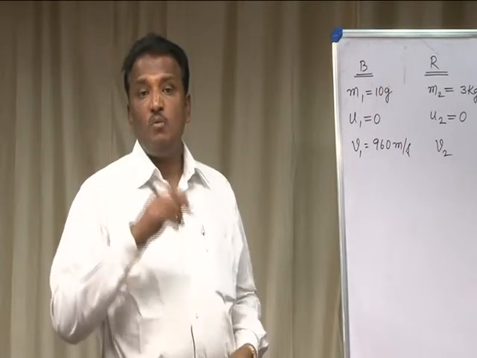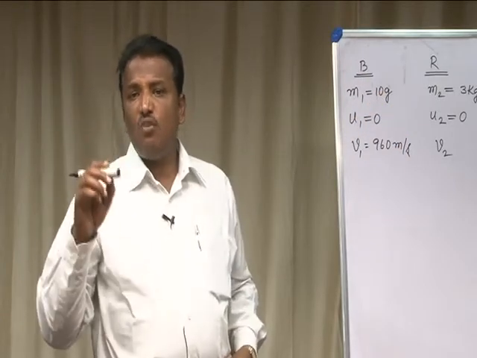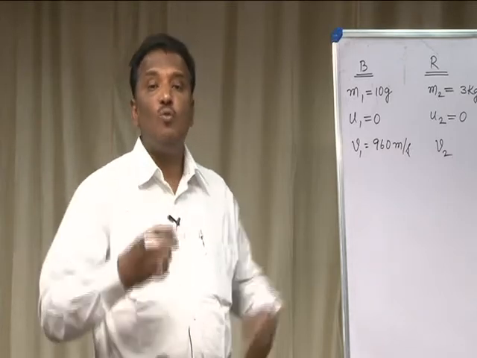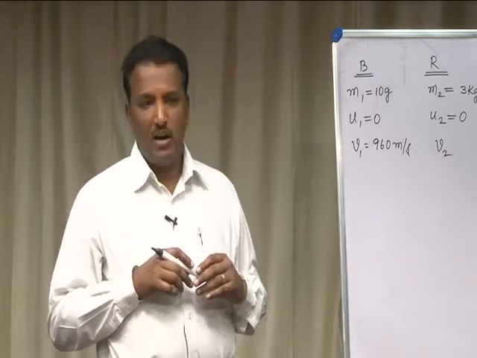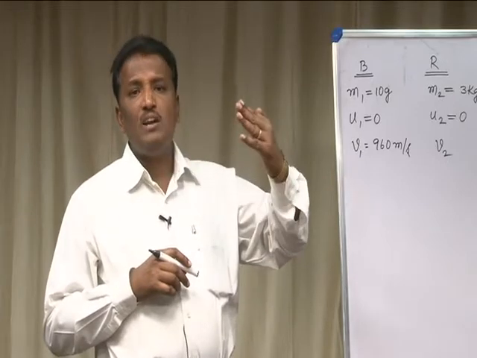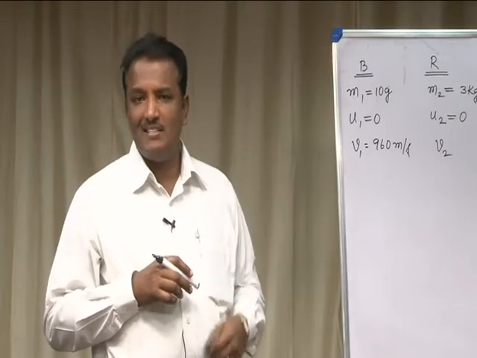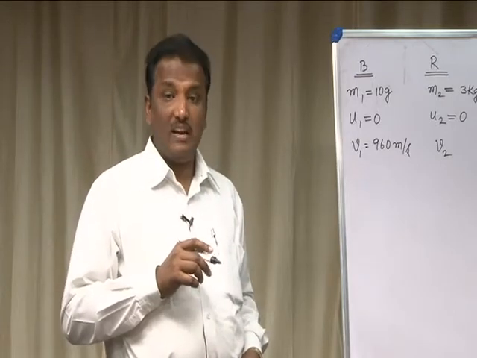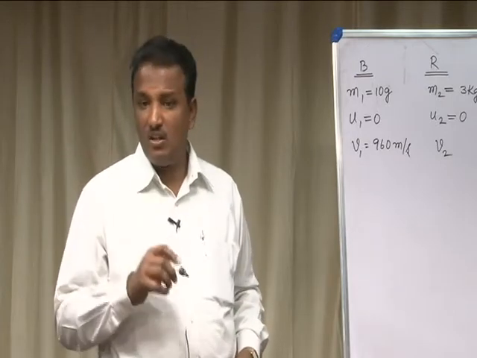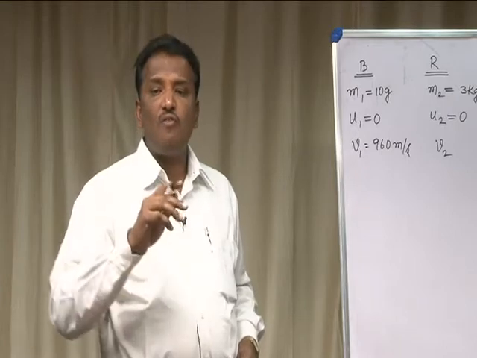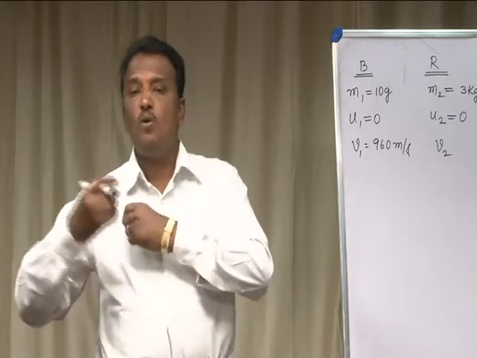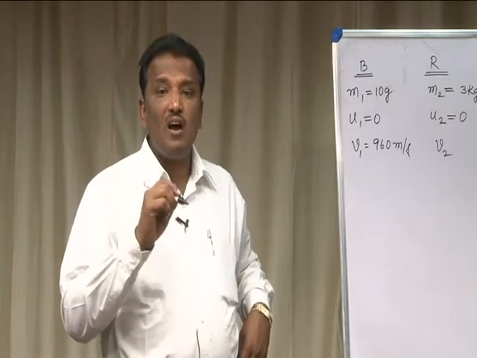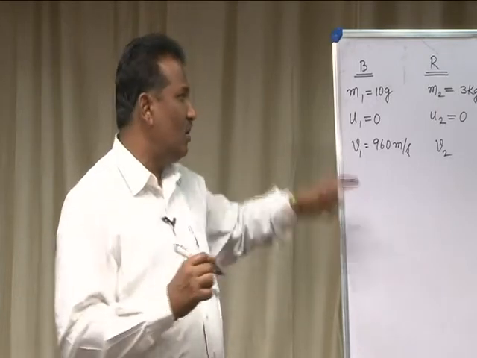At the same time, the momentum of the rifle is also the same because its mass is much more when compared to the mass of the bullet. In case of the bullet, velocity is more, mass is less. In case of the rifle, mass is more, so its velocity is less. The movement of the rifle after firing a bullet in the opposite direction is referred to here as the recoil velocity of the rifle.